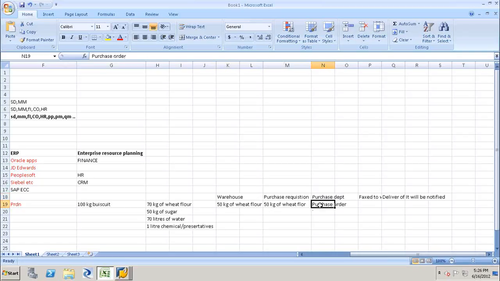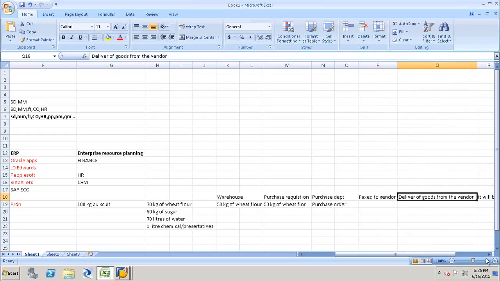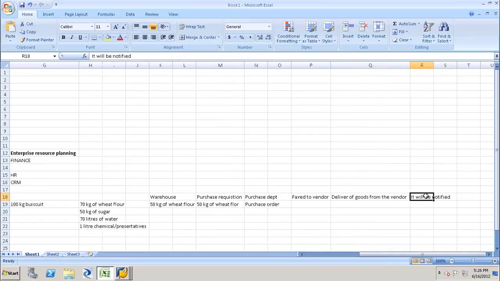That guy has created a purchase order and sent it to the vendor, and then the vendor has delivered the goods, and it will be notified back so that production can start manufacturing, right? But this is all a manual process where it is going to take a minimum of 1 day to complete all these activities.